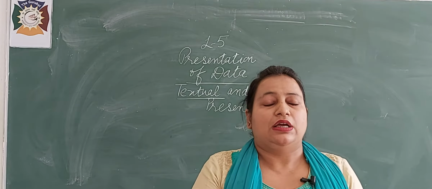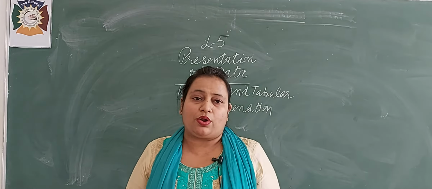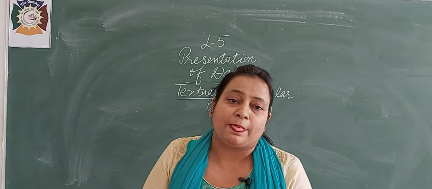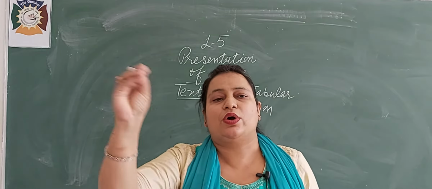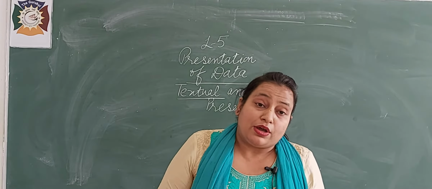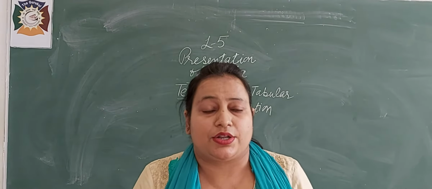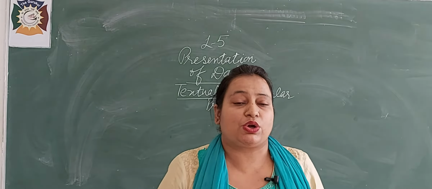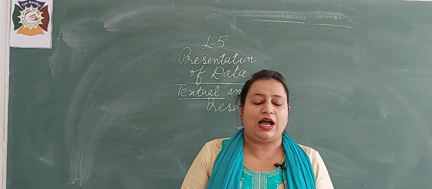For example, if any data is given to you in a tabular form, or you are given a comprehension type and you have to find the answers, you will find it easily. 200, 300, 500, you can find easily. If a comprehension is given in an English exam, it is very difficult to find the answers because it is a textual presentation. Text is given, you have to find the answer.